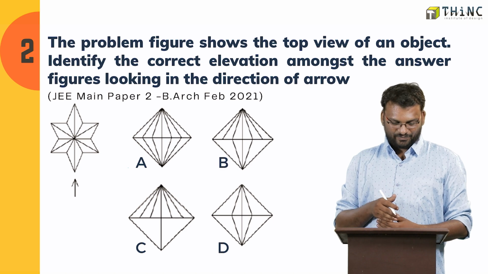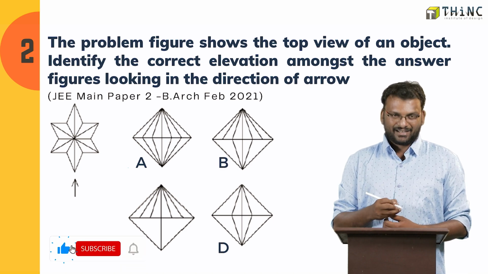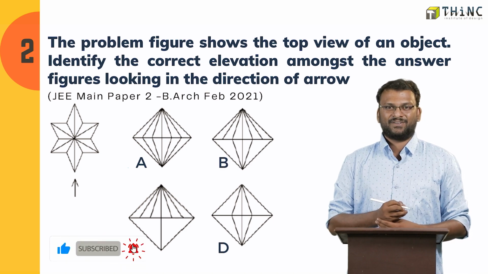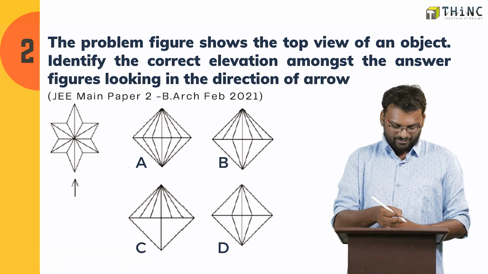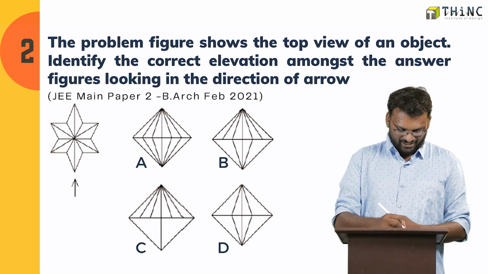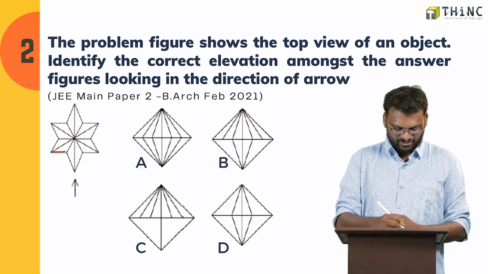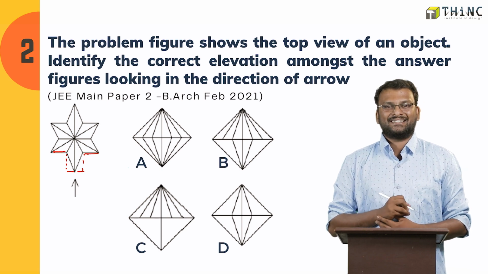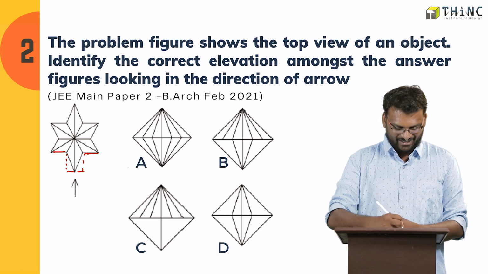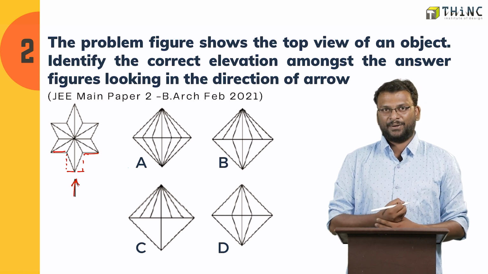In question number 2, you can count the edges. You can even count vertices also, but I am counting edges only. Here 2 vertices provide one edge, another one, 2, 3, 4. These 4 edges are clearly visible from the direction of the arrow.